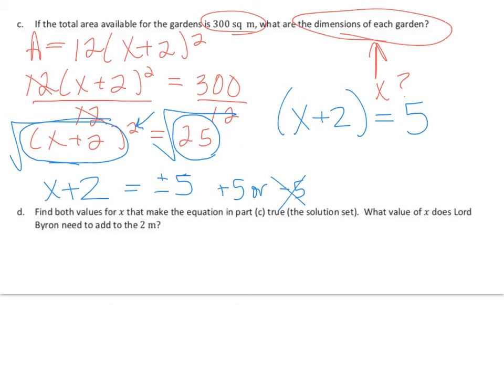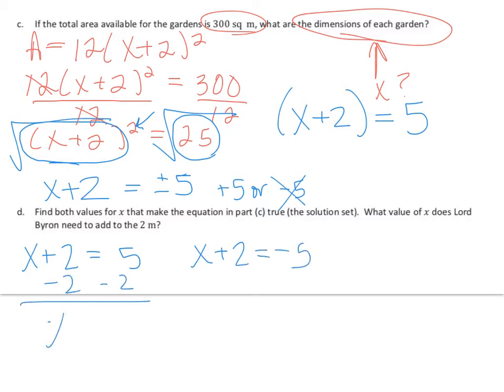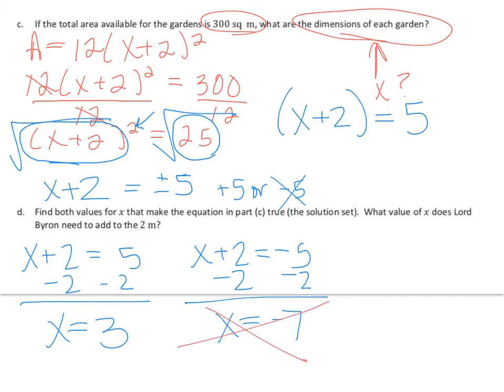So find both values for x that make the equation in part C true for the solution set. Well, I already ignored the negative 5, but if I didn't, this is what I would have. Subtract 2 from both sides, x equals 3. Subtract 2 from both sides, x equals negative 7. Well, again, if x is a dimension that I can measure with a meter stick, I cannot measure a negative 7, but I can measure a 3.